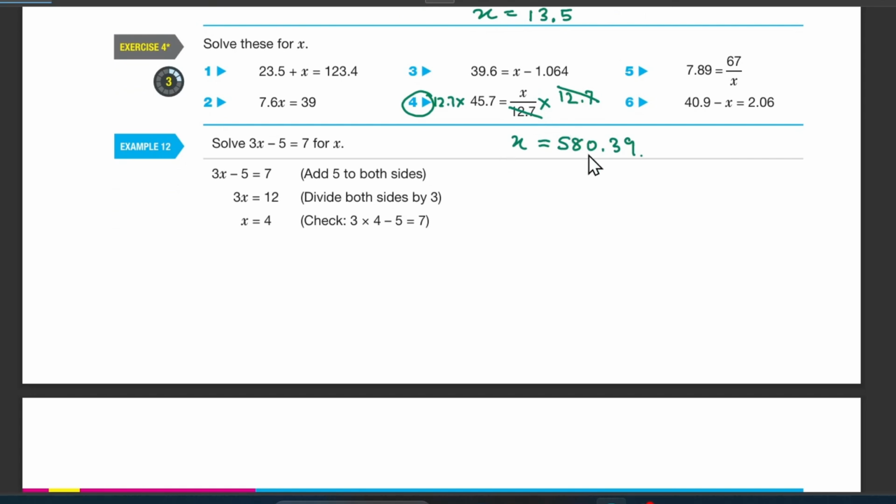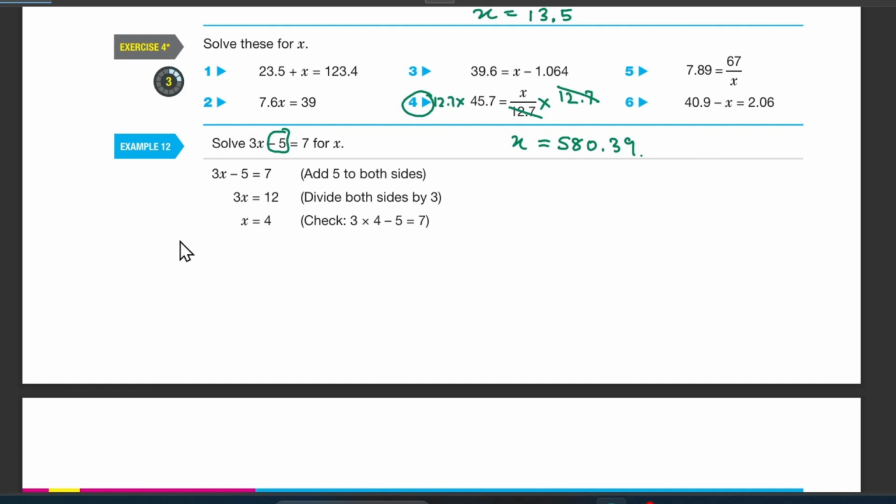Okay. So in example 12, you can see that in the previous examples we only had to do one thing, but now we have to do two things to get the value for x. Always we have to determine what is the first thing to do. The first thing to do is, if something is added or subtracted to the x value, to get rid of that.